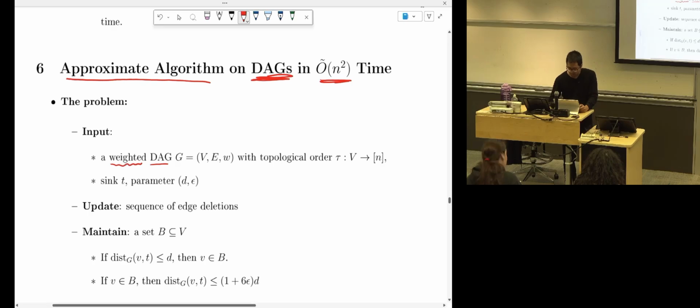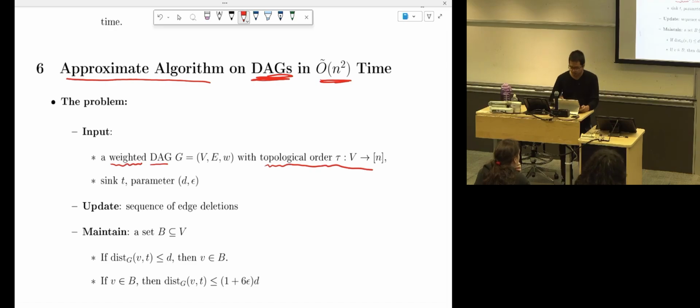And because it's a DAG, you have a topological order. So what is this? Well, if it's a DAG like this, then you can put a number to each node.